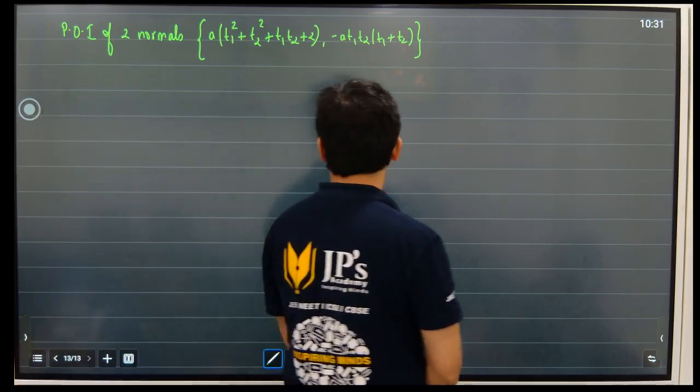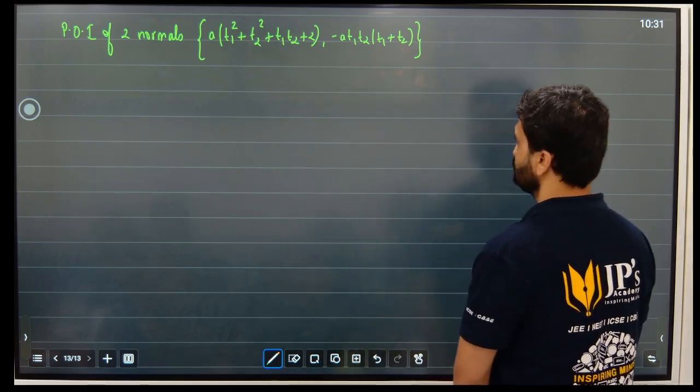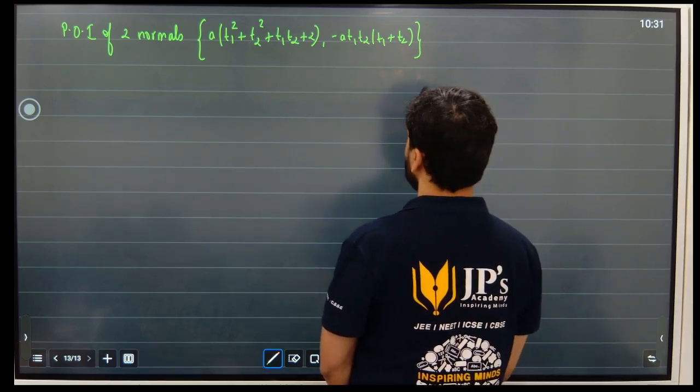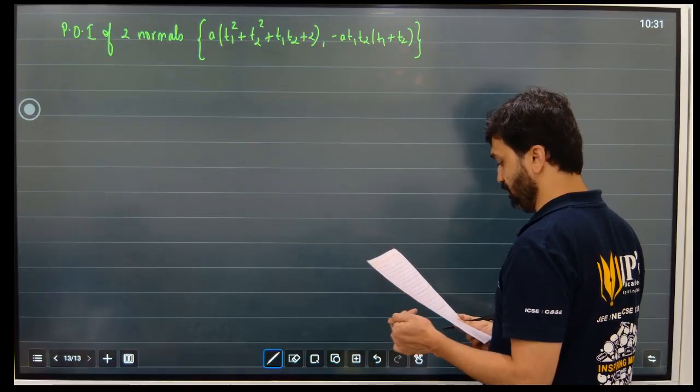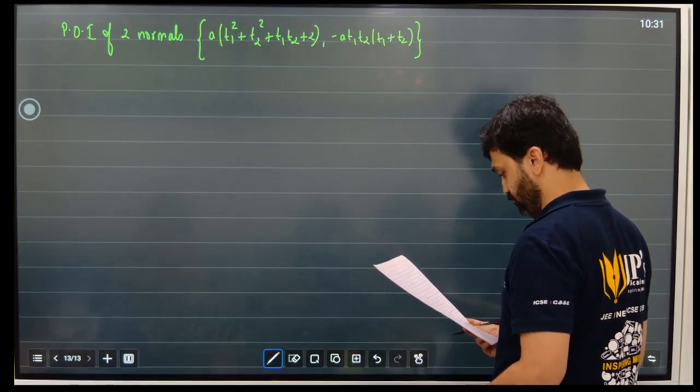This is the point of intersection of two normals.